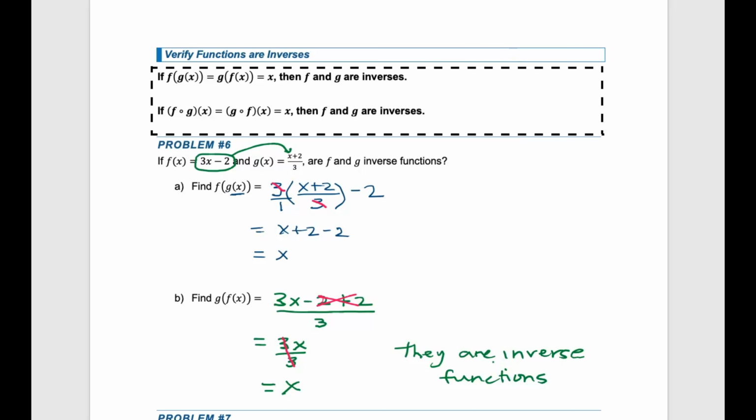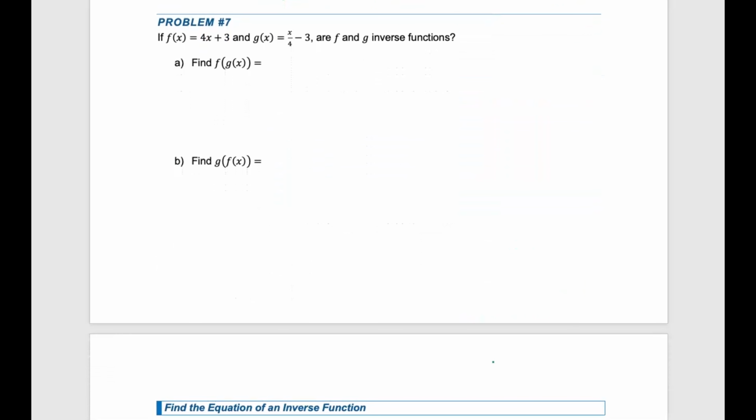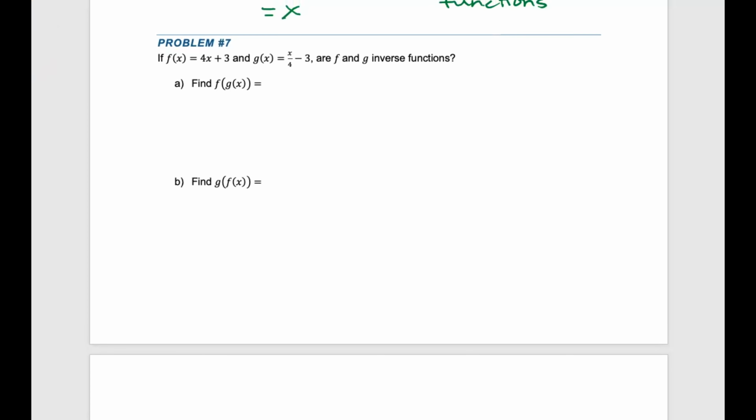Let's take a look at another example. Similarly, we want to find f of g of x first. So we need to take g of x, which is x divided by 4 minus 3, and put that in place of x in our f equation.